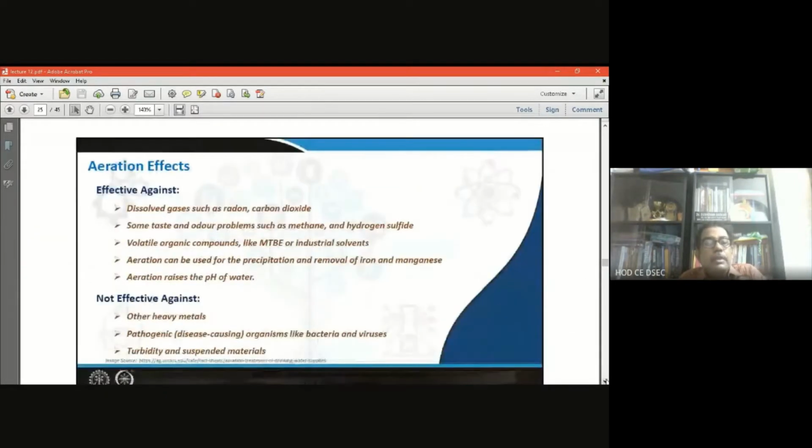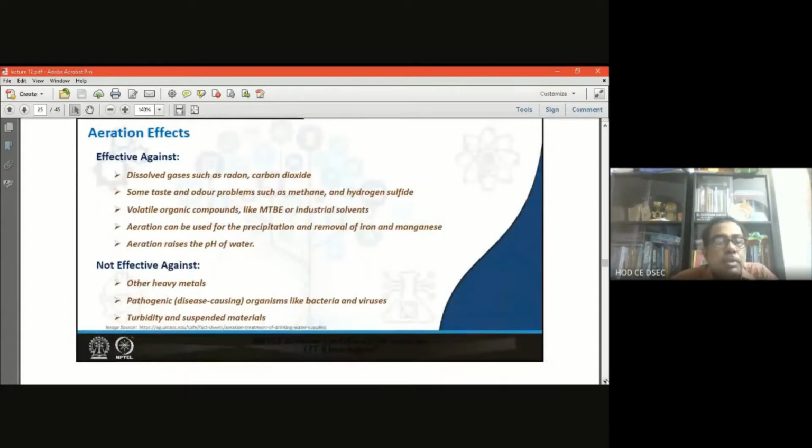Now, aeration effects, as I told you: dissolved gases such as radon and carbon dioxide can be removed by this aeration process. Some taste and odor problems, due to methane and hydrogen sulfide, can be removed by this aeration. Volatile organic compounds like MTBE or industrial solvents can be removed by aeration.